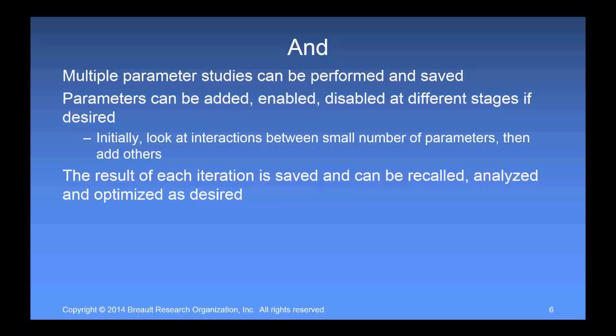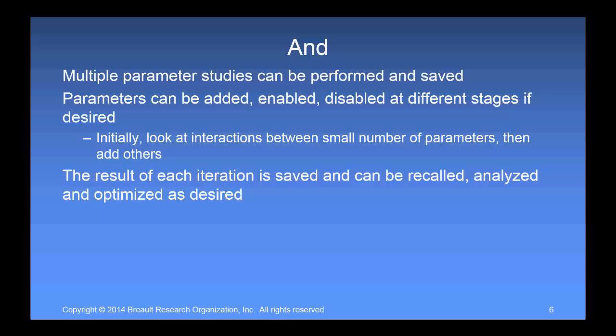You can also start by using a particular set of parameters, and you can add more, enable and disable parameters at different stages of an analysis if you desire to do so. But again, the key is, and my recommendation would be at least, to initially look at interactions between a small number of parameters and then add in others if you find that you're not approaching a viable solution space.